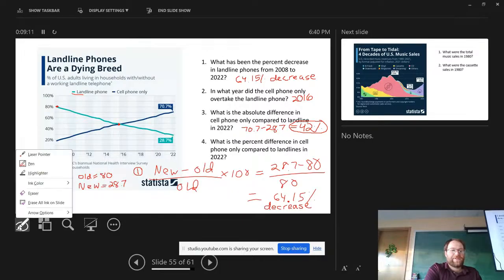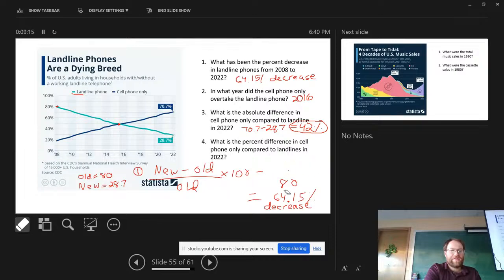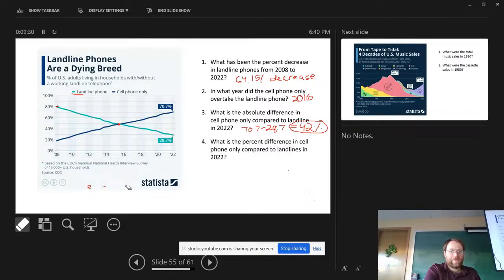And then the last question, what is the percent difference in cell phone only compared to landlines in 2022? So landlines in this would be considered old.